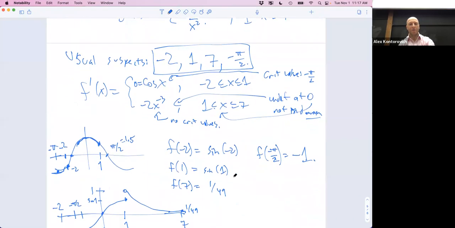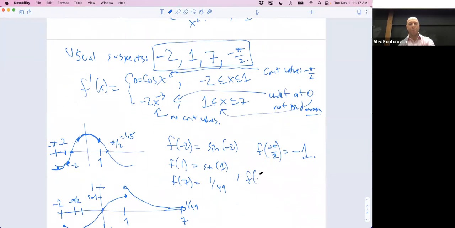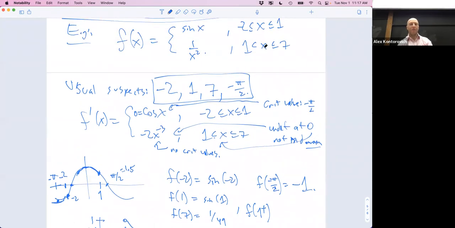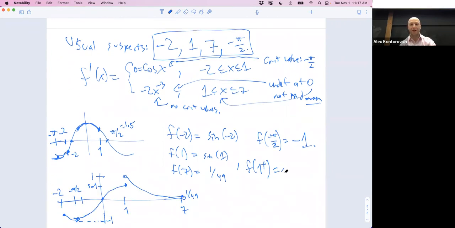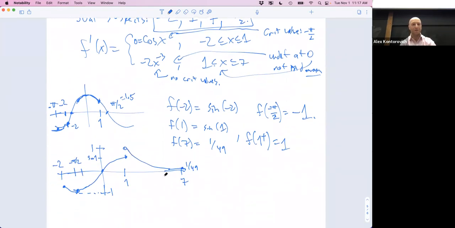So I looked at f of 1, but what is f a little bit more than 1? What's the limiting value of f as x approaches 1 from above? It would go to 1. So this would go to 1, and that's the picture we have here.